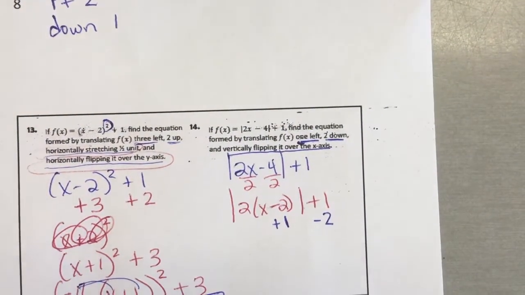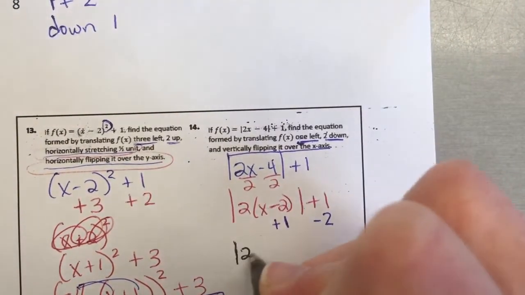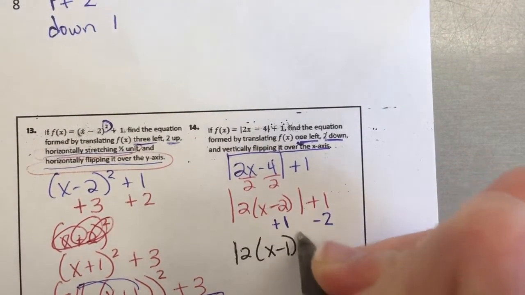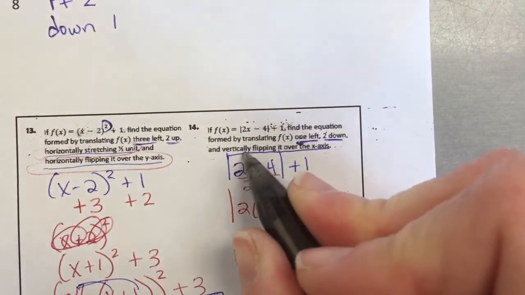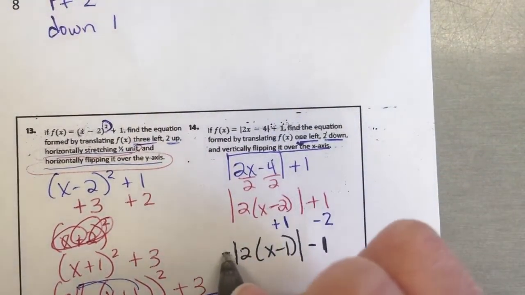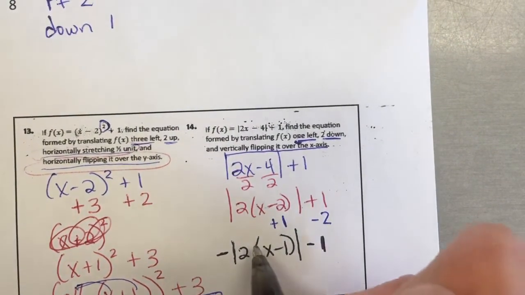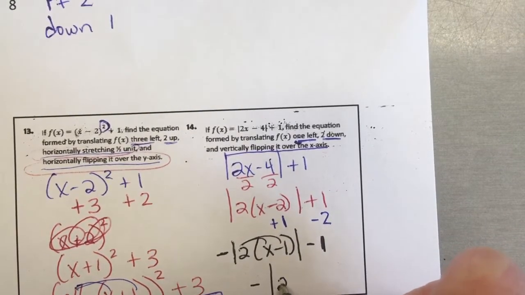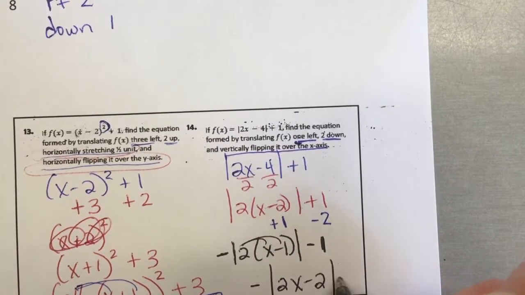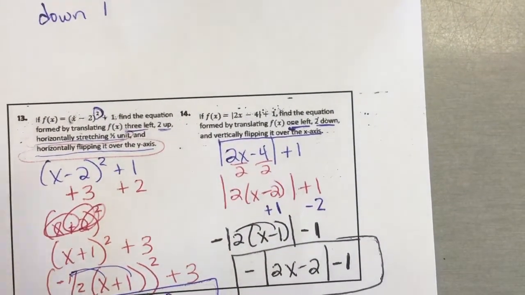So that leaves me with 2x minus 1 minus 1, and then to vertically flip it over the x-axis, you put a negative out front, and then we are going to distribute back this 2. So negative absolute value 2x minus 2 minus 1 would be your final answer.